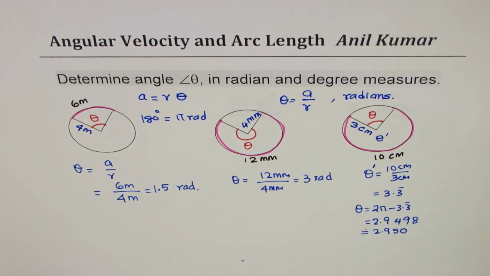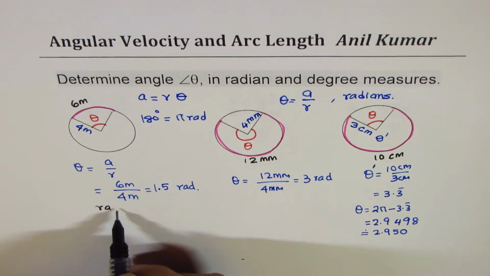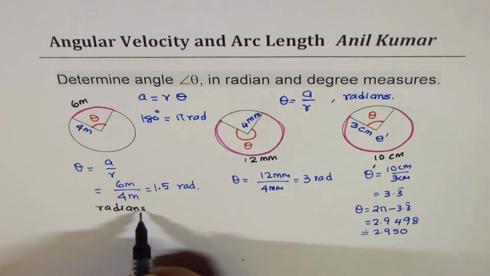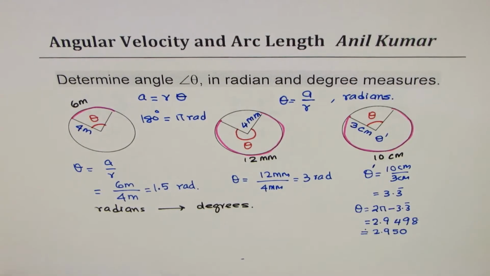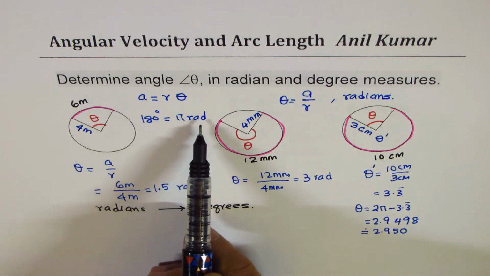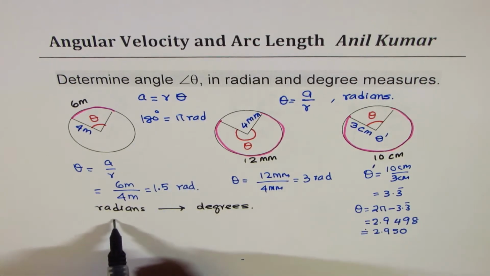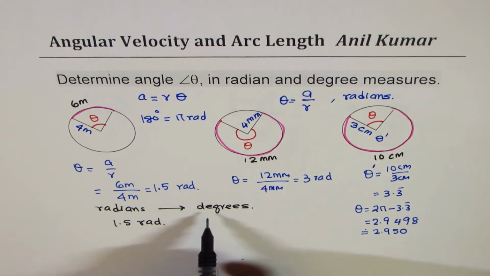Perfect. Now, the second part of this is to convert radians to degrees. That is important to understand. As you know, 180 degrees is pi radians. Now we have 1.5 radians, and I want degrees.